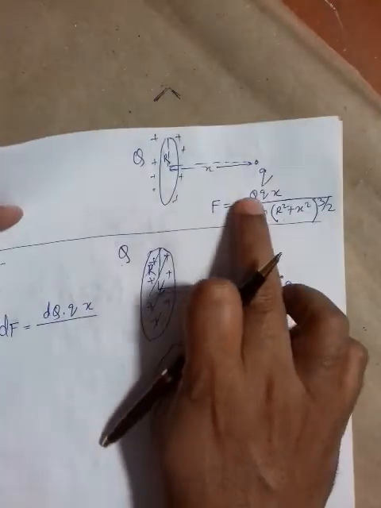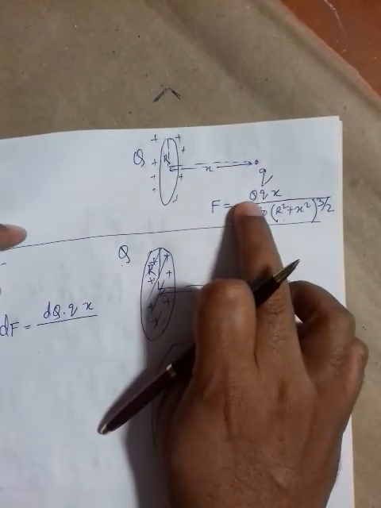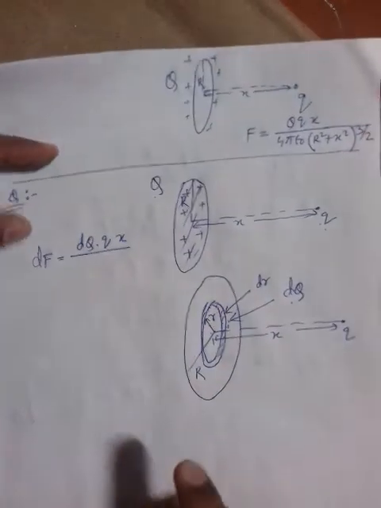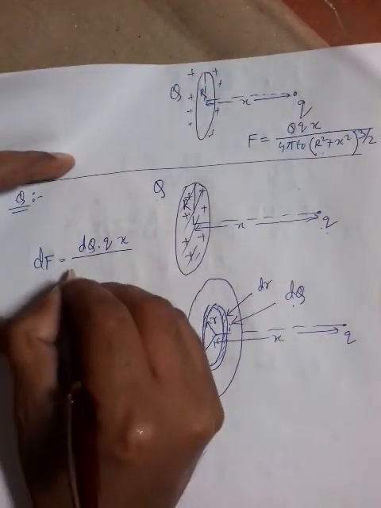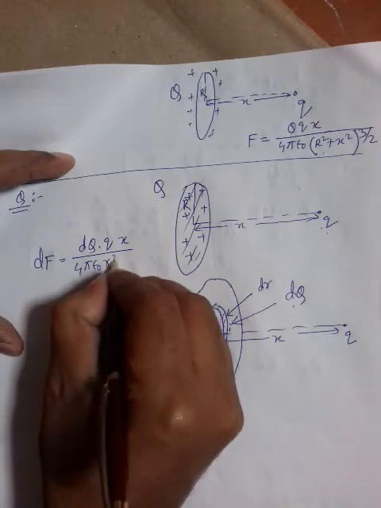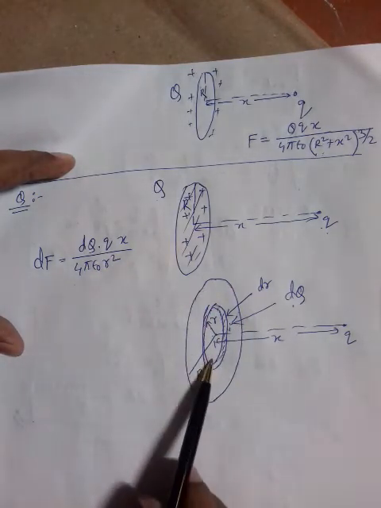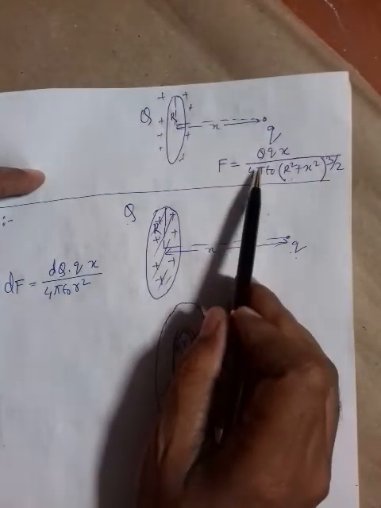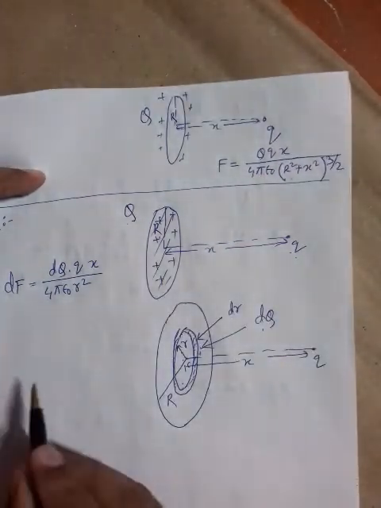The actual formula is capital Q small q into x, where capital Q should be the charge. Here, whatever ring I am assuming, it is carrying dq charge only. So divided by 4 pi epsilon naught, then (r square plus x square) to the power 3 by 2. Look at the ring considered by me, it is of radius r, and the formula of force because of a ring is given by this equation.